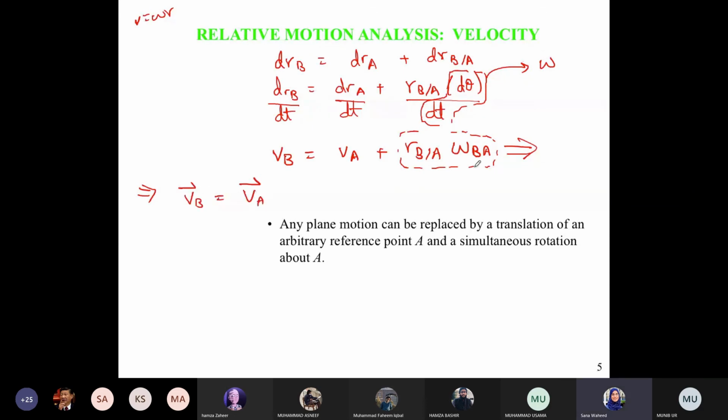We know the order: that is omega_BA vector crossed with r_BA, because the velocity in vector form for rotation is omega crossed with r. So neat. We've gotten the velocity of any other point using the velocity of the base point, and then noting that the rest of it is rotating about our base point to get our general planar motion.